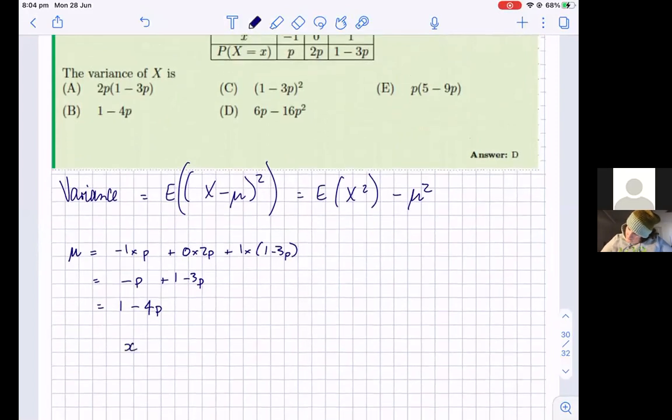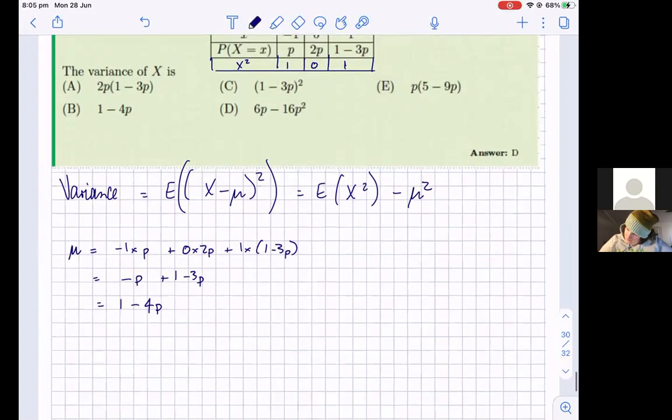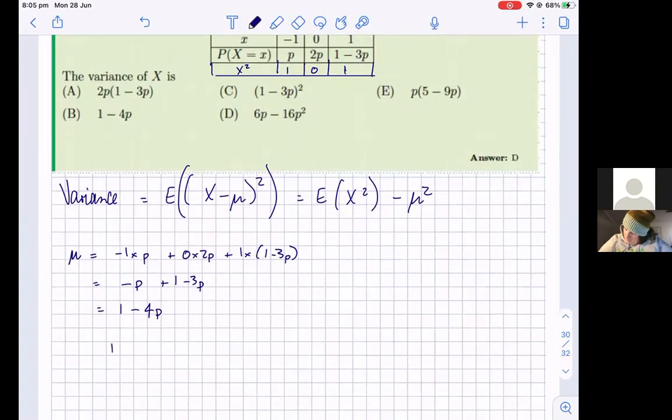I'm just going to add up my own row. So if I add a row for x squared and I try and figure out the expected value of x squared minus the mean squared, instead of -1 times p, it's going to be -1 squared, so 1 times p, plus 0 squared was 0 times 2p, plus 1 squared was 1 times 1 take 3p.